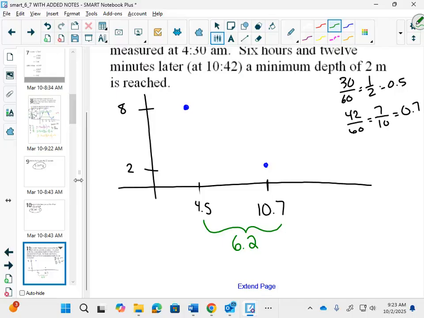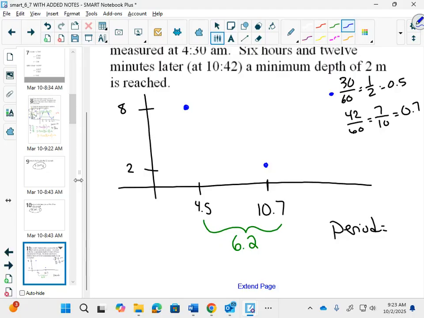What's the period of my graph? Not 6.2. Because period goes from minimum to minimum, maximum to maximum, middle going up to middle going up. I've only got maximum to minimum. How long is it going to take to get back to the next maximum?